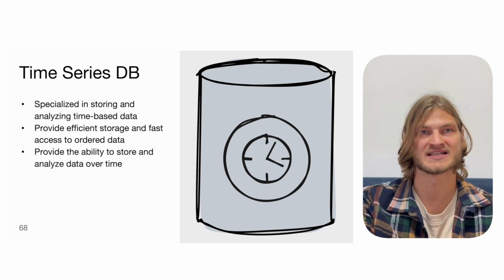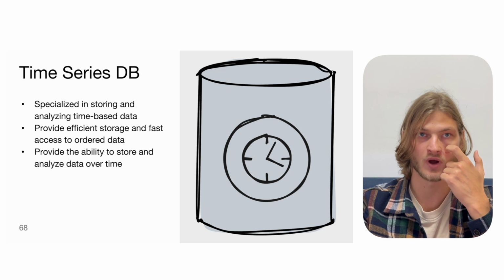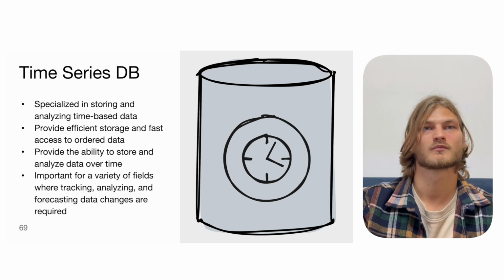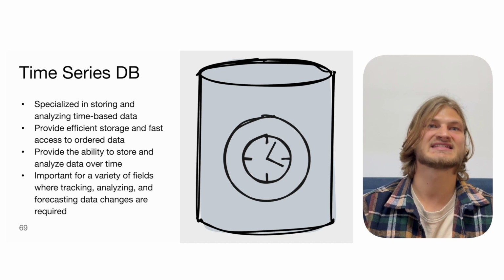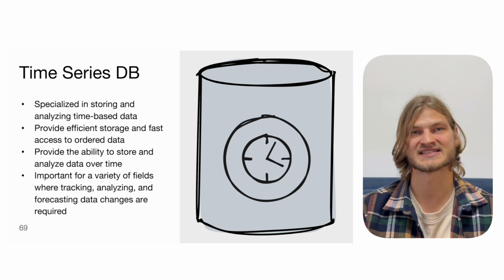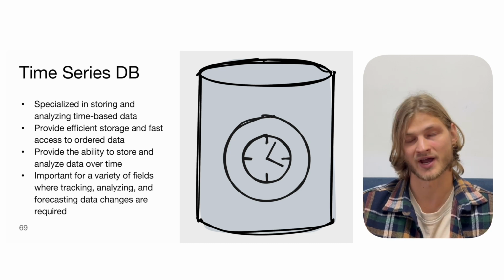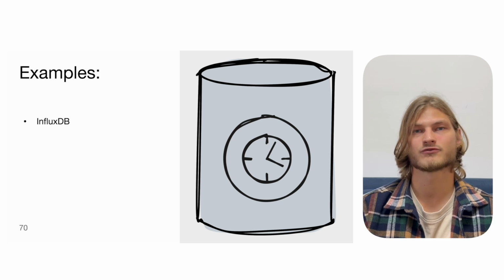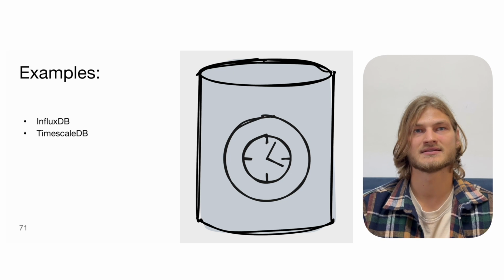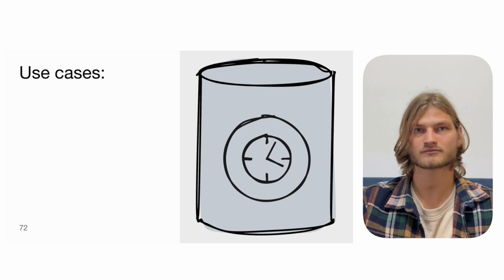Also, it provides the ability to store and analyze data over time. And it's really important for a variety of fields where tracking, analyzing, and forecasting data changes are required. As for examples, we can consider InfluxDB and TimescaleDB.